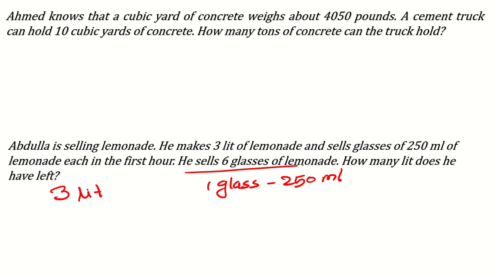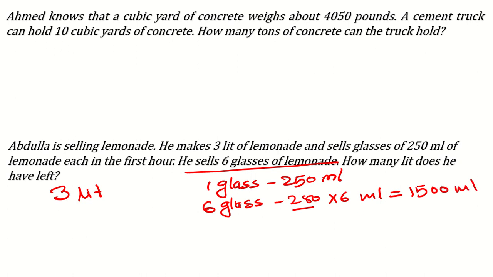So he sells 6 glasses of lemonade. So 6 glasses will give how much? 250 multiplied by 6 milliliters. Okay. So how many liters does he have left? So just find it here. Here 25 multiplied by 6 is 150. After that 0. This is milliliters.